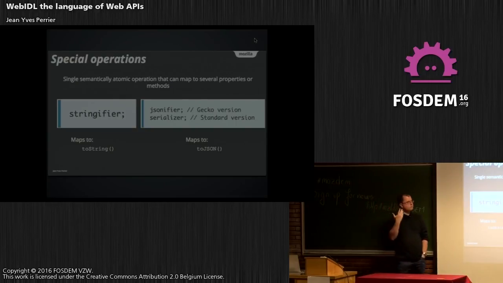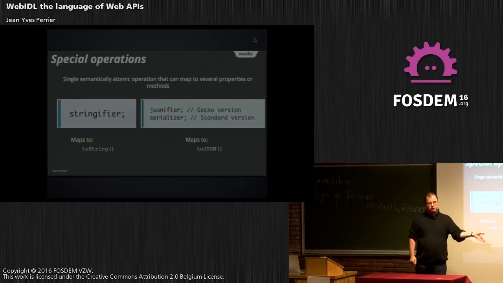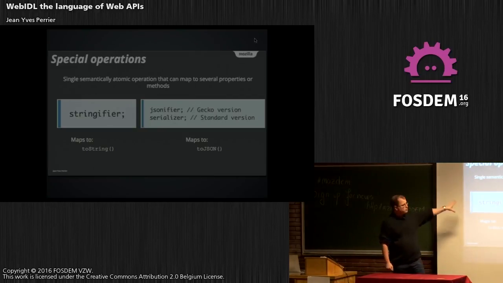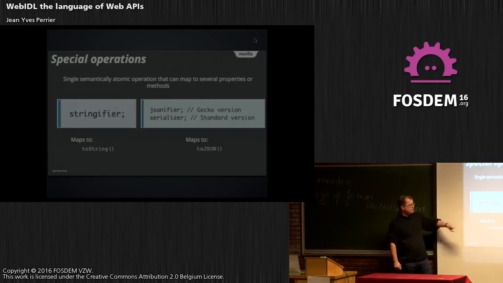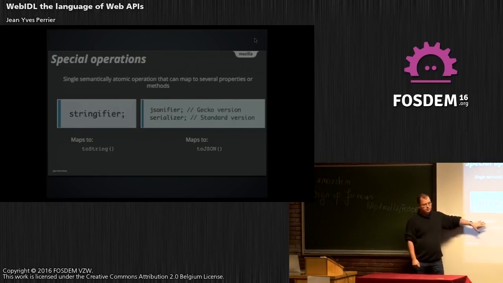So when you write your specification, you want your object to often be serialized or stringified. And instead of using the method that is used in JavaScript, there is a generic way of saying it. If you want to define toString, you say stringifier. That means that the toString method will be added in JavaScript.